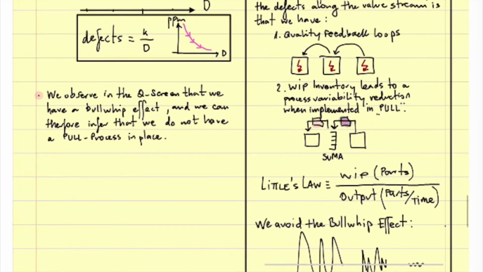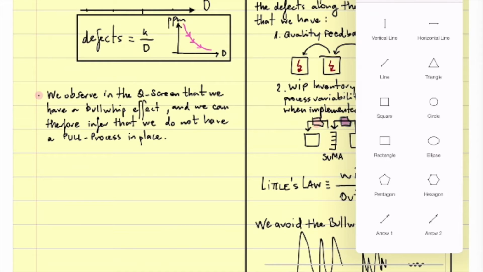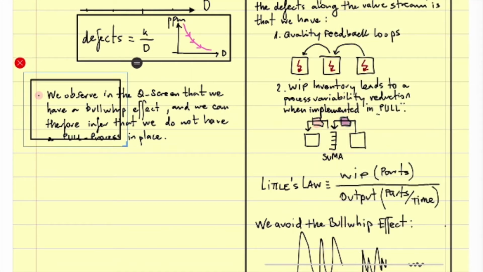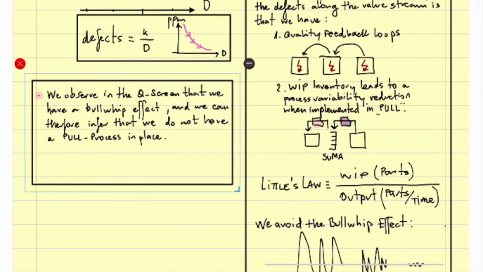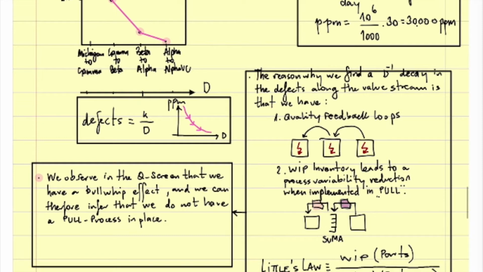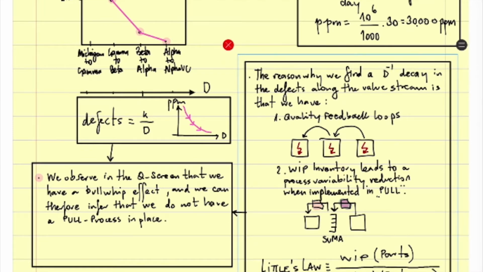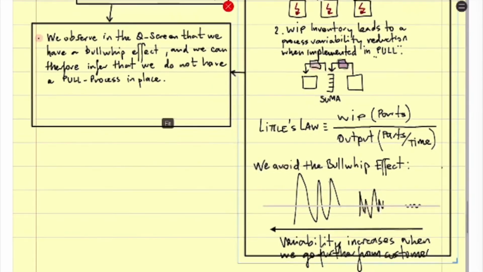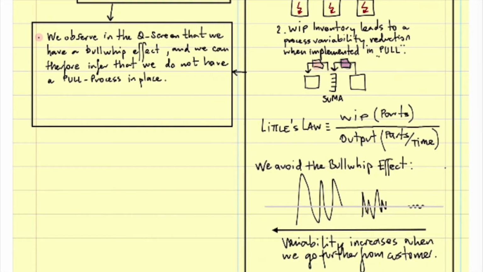So we don't have a pull process, and this means that we have what? What do we have if we don't have pull? Do you remember what the other option was? Christian, Katerina? You remember the definition of pull?